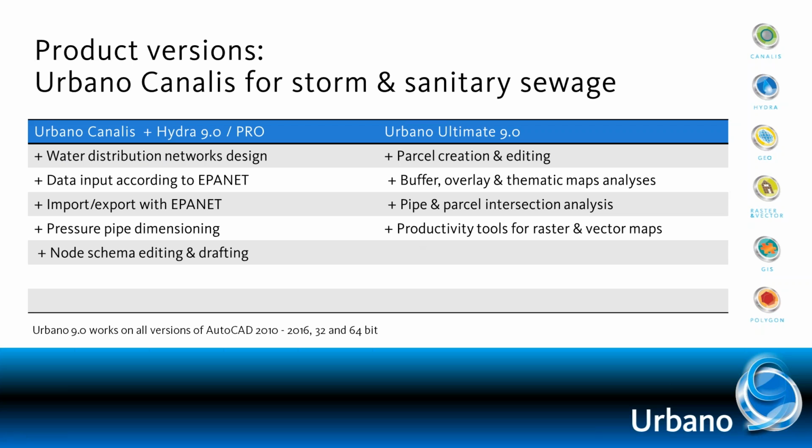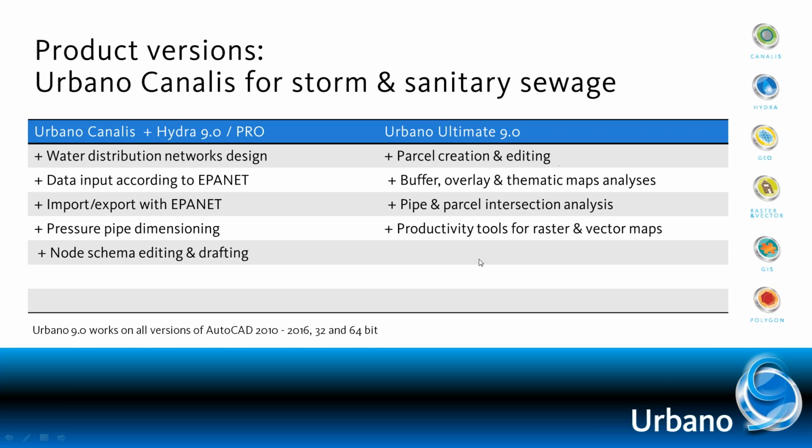You also get data input according to EPANET, which means you can actually use Urbano Hydra as a graphical editor for EPANET. And you get import-export with EPANET, and you also get some drafting tools.